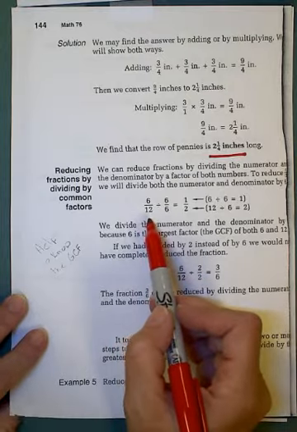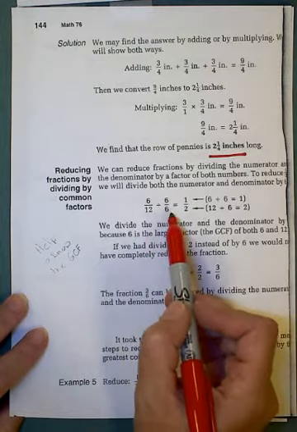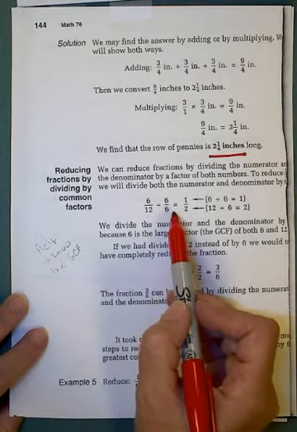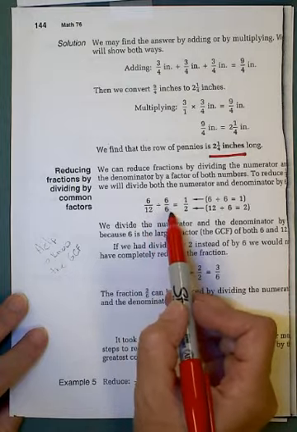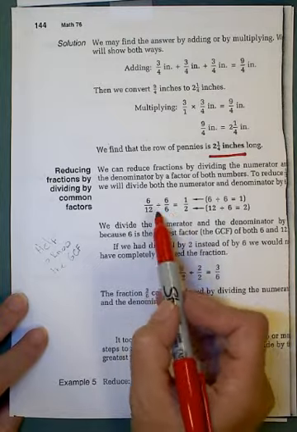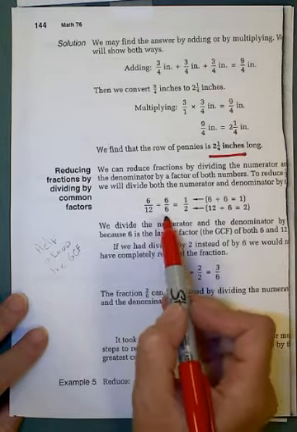Therefore, I can divide the numerator by 6 and the denominator by 6 without changing the value of the fraction. 6 divided by 6 is 1. 12 divided by 6 is 2. And 6/12 in its reduced state is 1/2.